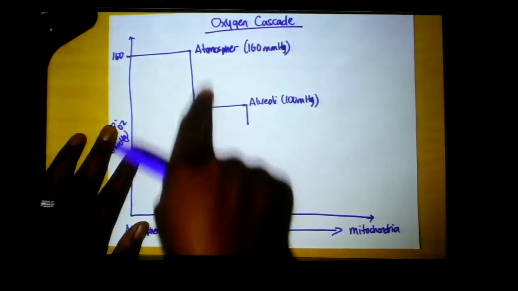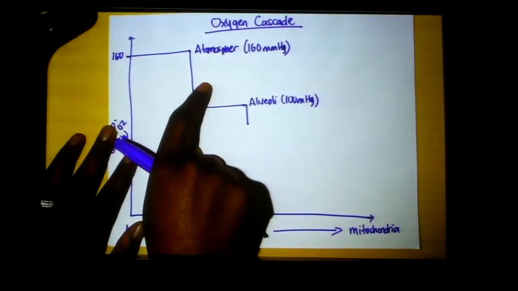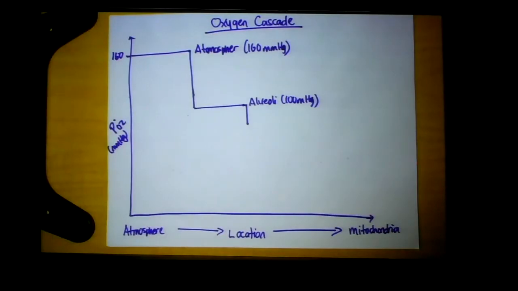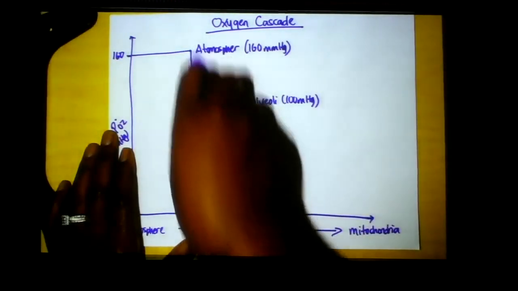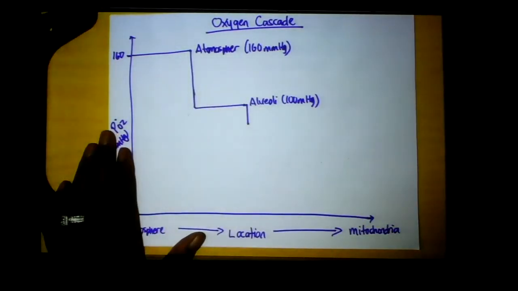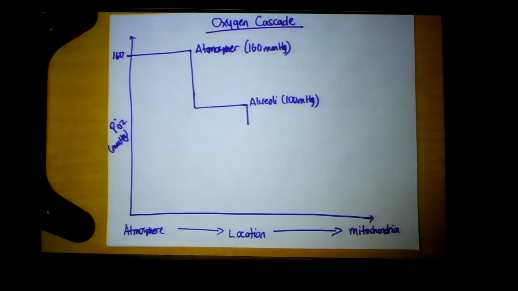And this drop off has to do with several factors. So for one, we've got the conducting zone, which we described as being that dead space region. So we have some air that's present in the dead space that has already participated in gas exchange. So mixing of the air is one of the factors that's responsible for this drop off. The second factor is what else happens along the conducting zone?